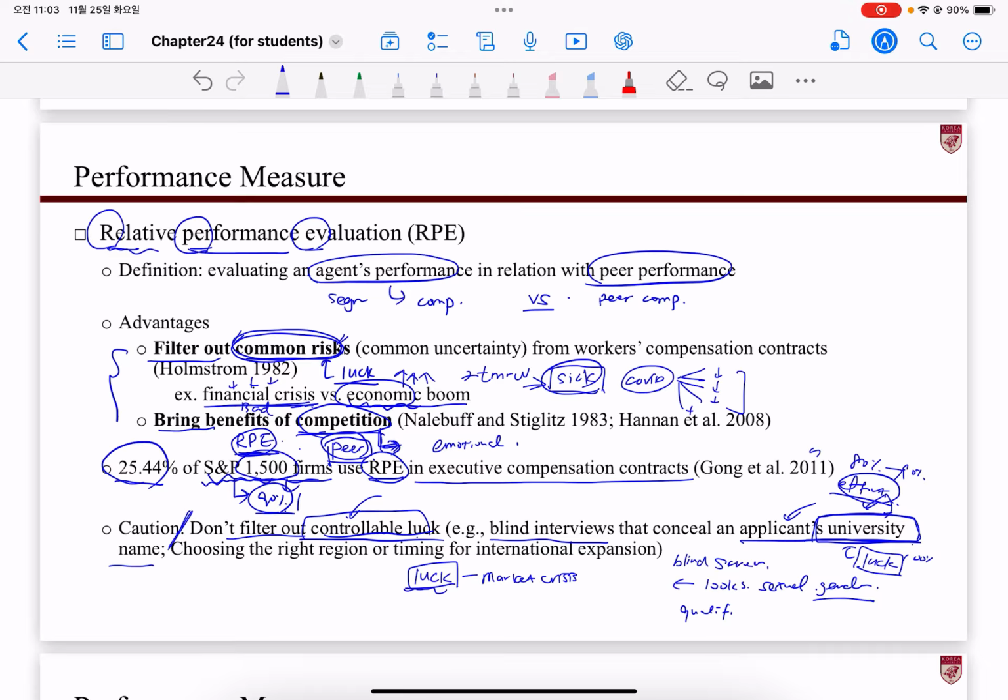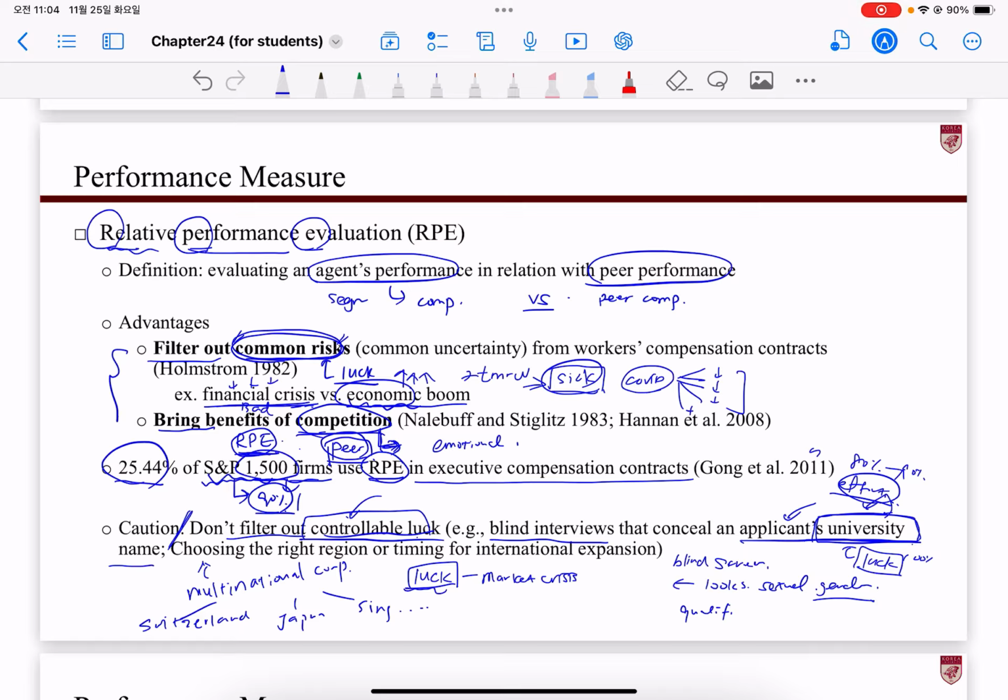And also, let's say you're a multinational company, and you have offices in Switzerland, Japan, or Singapore, whatsoever, right?